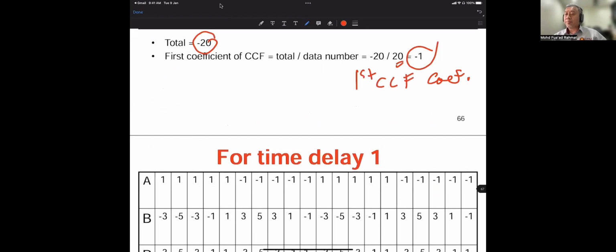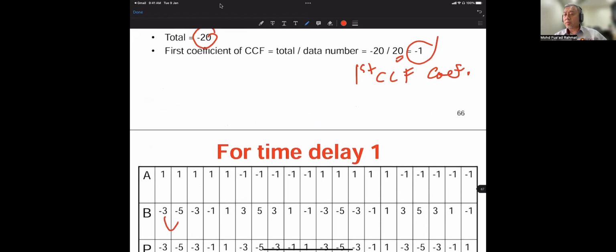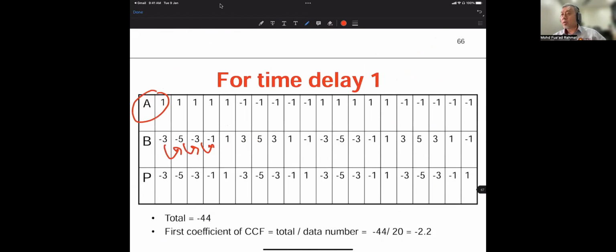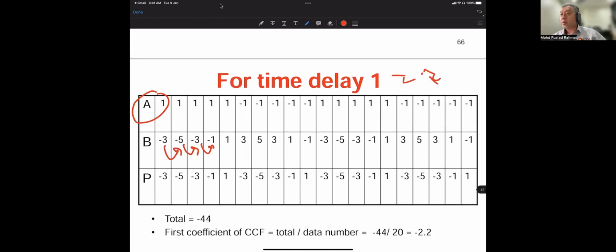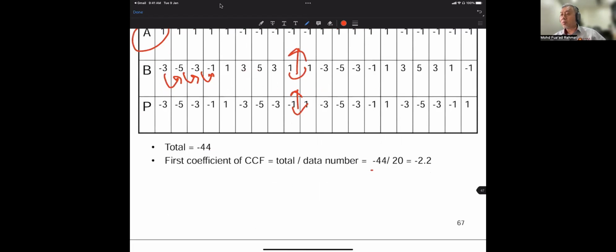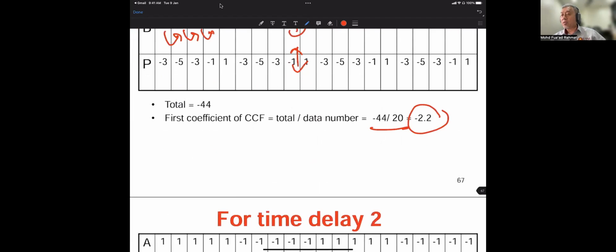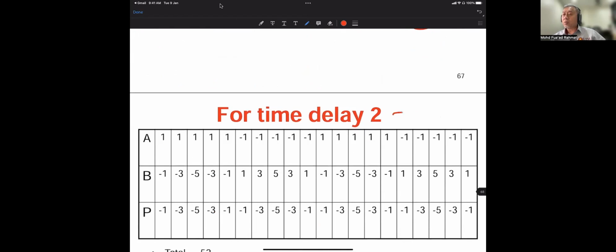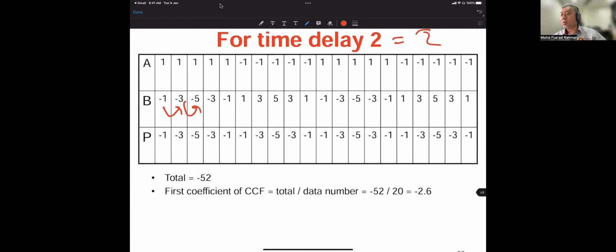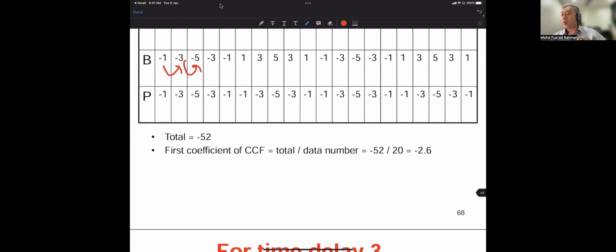Continue, with this one shifted. In B, all are shifted, while this one is maintained, not shifted. After shifting once at tau equal to 1, multiply, sum, total up, then average: minus 44 divided by 20, the second cross correlation coefficient. Continue for time delay equal to 2, shift again, multiply, total up, and you get minus 2.6.